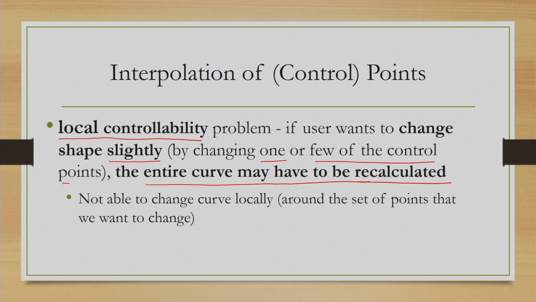So, this problem is known as local controllability, where we are unable to control local changes locally. We have to control local changes through global recalculation of the curve. Now, in order to address these issues, there is another solution which we will discuss.